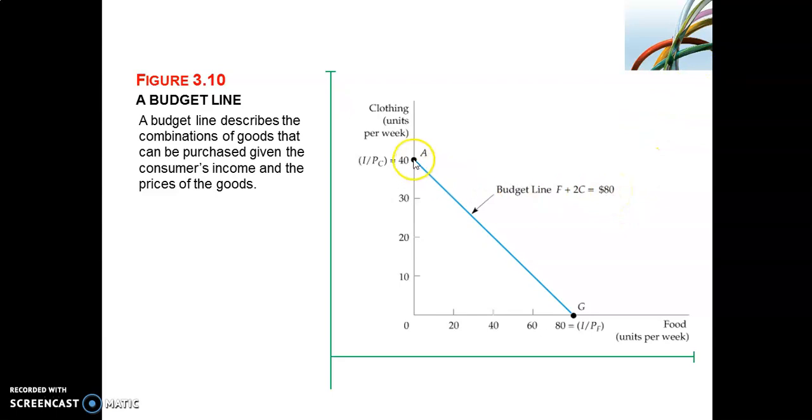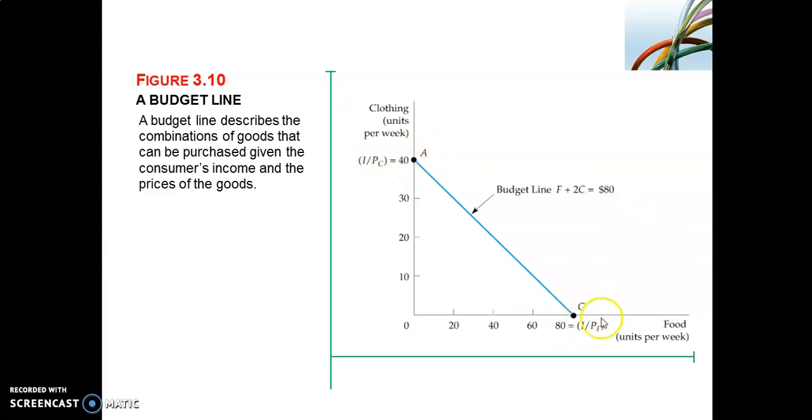And we saw the two extremes, or the two intercepts. If the full $80 was spent on only clothing per week, it would be the income I divided by the price of clothing, which was $2, and that would give you your vertical intercept of 40. So I divided by PC, your income divided by the price of clothing, would give you your vertical intercept.